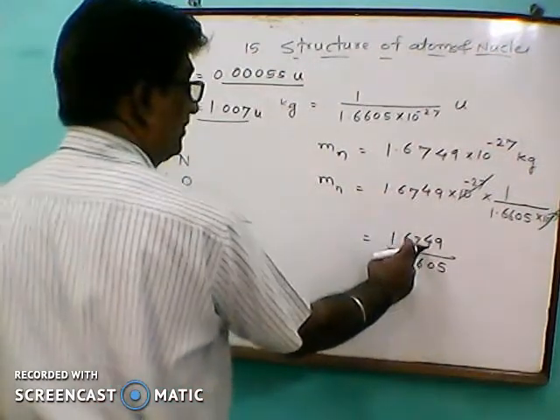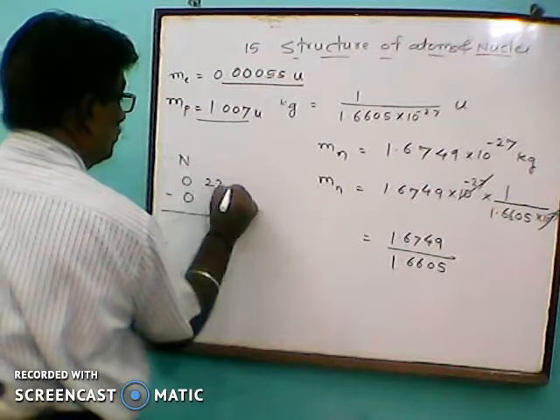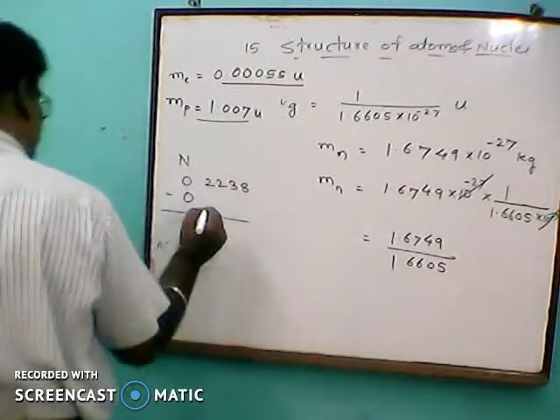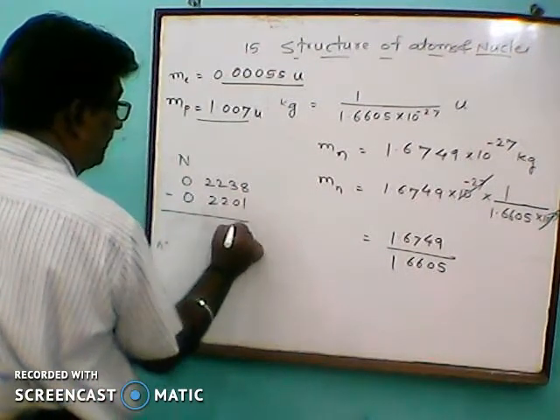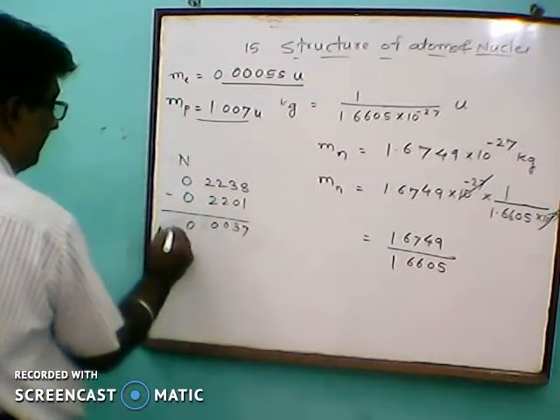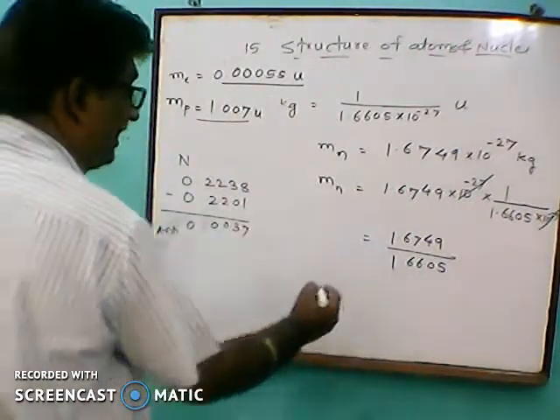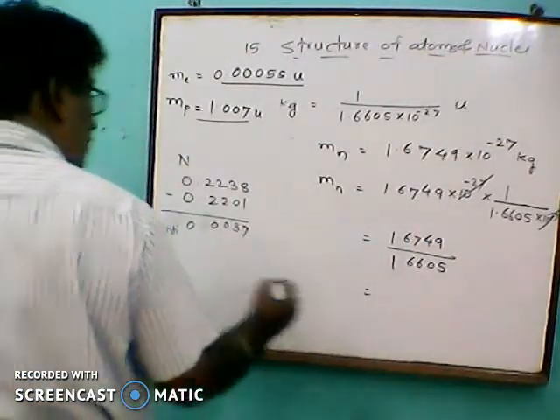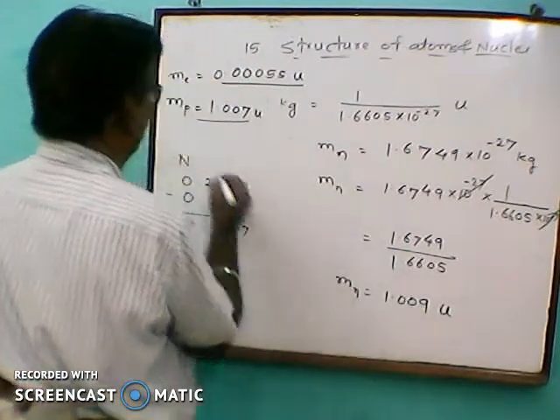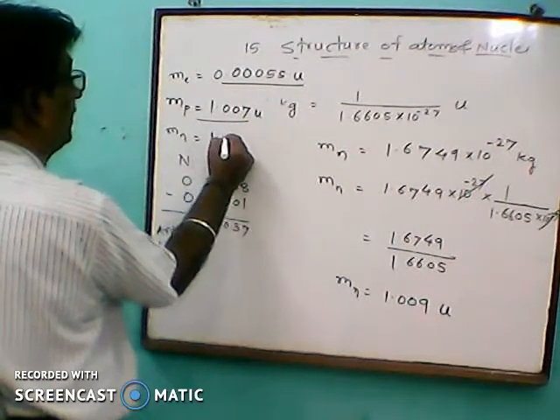The logarithm of the numerator is 0.2238 and of the denominator 2201. Taking the antilog, it will be 1.009 atomic mass unit.